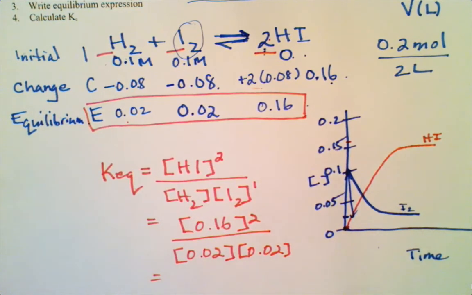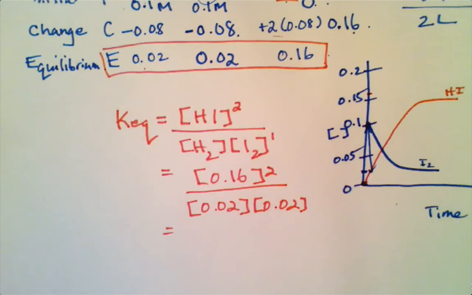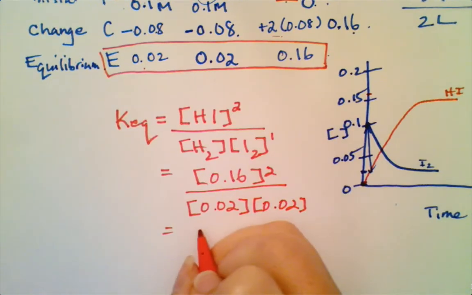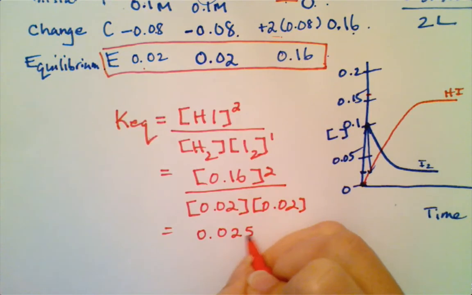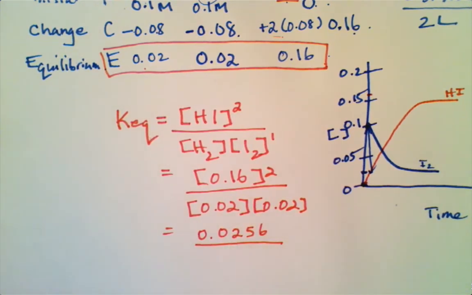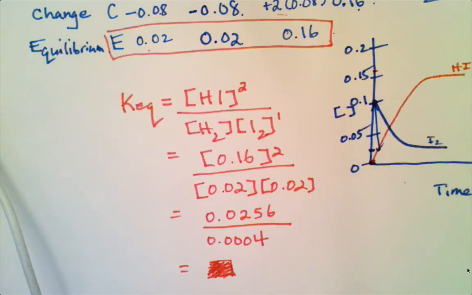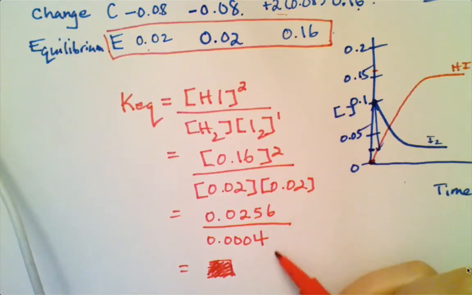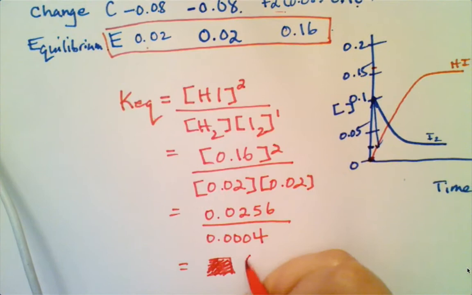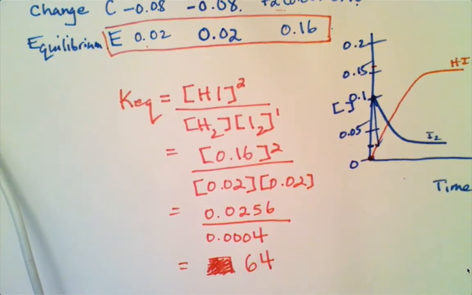When we plug this into our calculator, on the top we end up getting 0.0256, and on the bottom we get 0.0004. You can probably do that all in one step, but when you divide those, you'll see that it gives you an answer of 64.